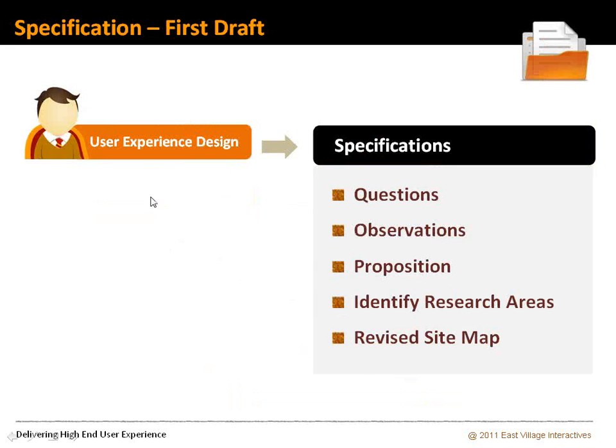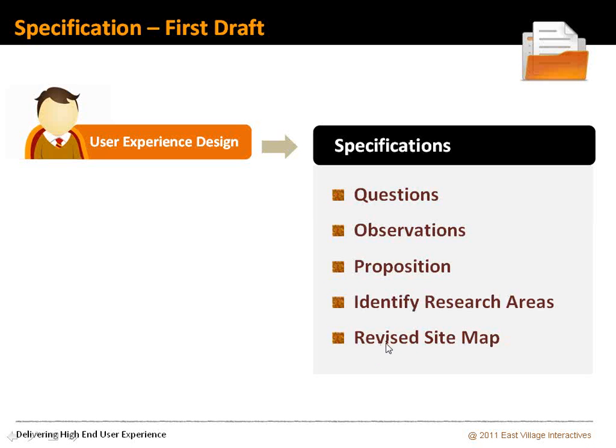Once you have a broader functional specification document, the user experience design team will start asking questions in terms of why are these requirements being asked for, what are the observations, what can be done about these requirements, do we need to research in certain areas to come up with the proper outcome or take decisions based on research, and eventually what will be the revised sitemap.